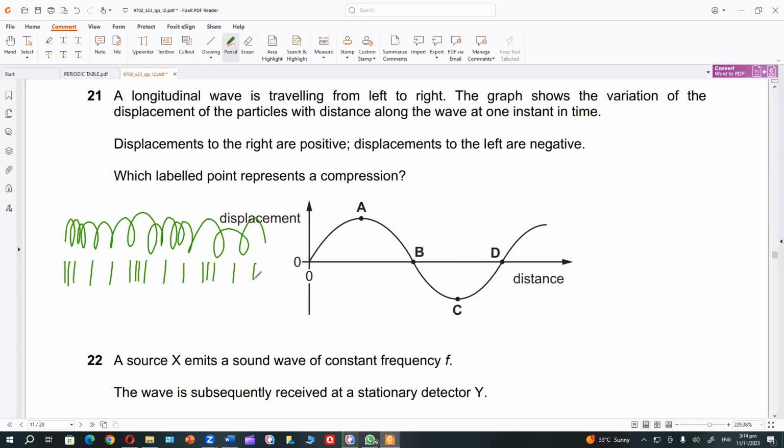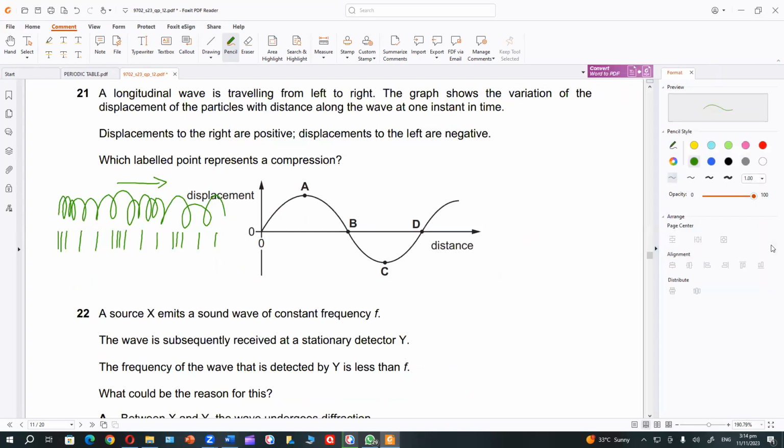This is the wave which is traveling left to right, and the particles would be, if we consider the particle in this motion... which labeled point represents a compression?